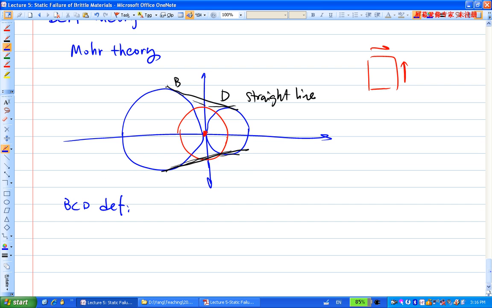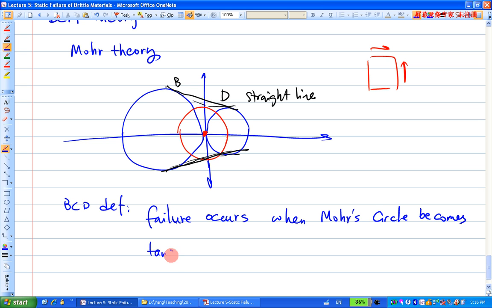BCM is: failure occurs when the Mohr circle becomes tangent to line BD.